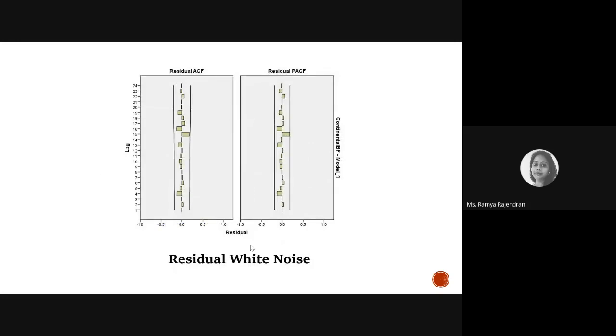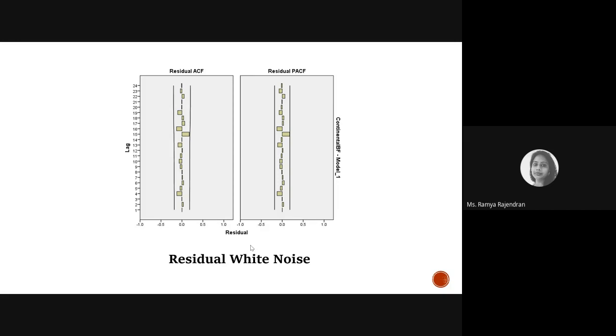Okay. White noise is nothing but your residuals, right? I believe you know what residuals or errors are. Usually the residuals are uncorrelated and follow a normal distribution with mean zero and constant standard deviation.